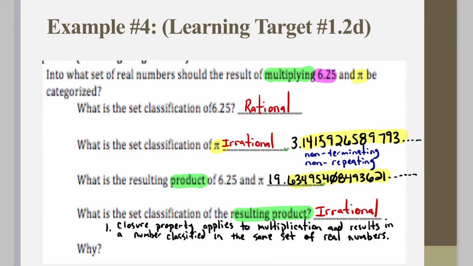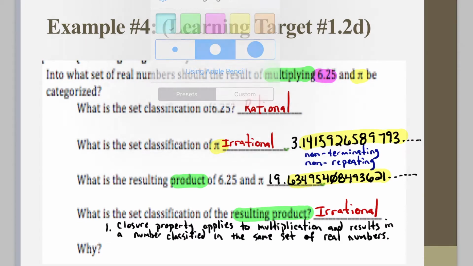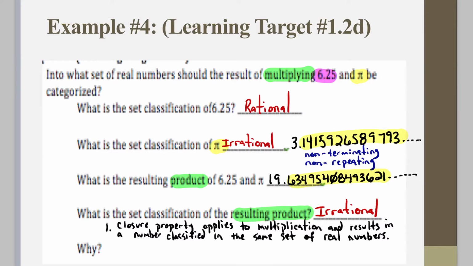However, both rational and irrational numbers are classified as real numbers. They are both in the set of real numbers. So what we're actually doing is multiplying a real number times another real number.